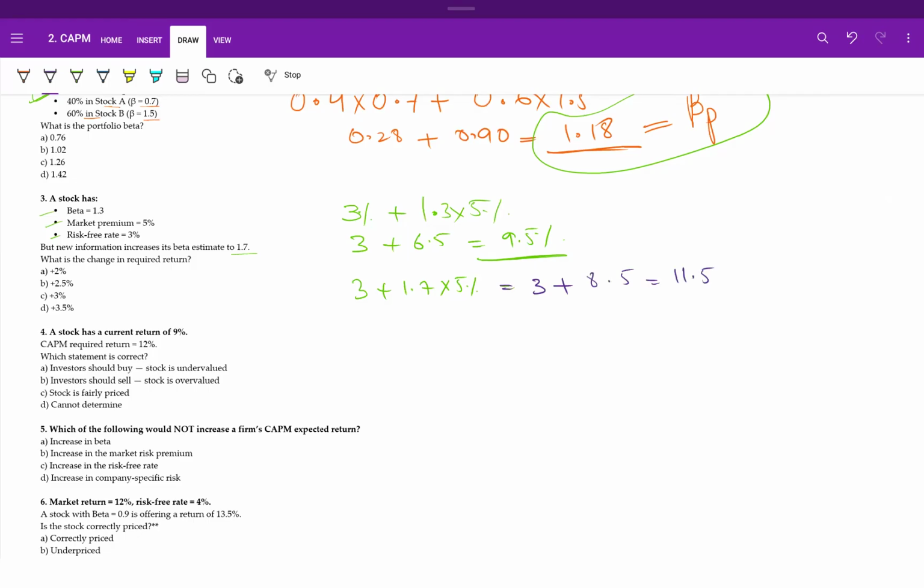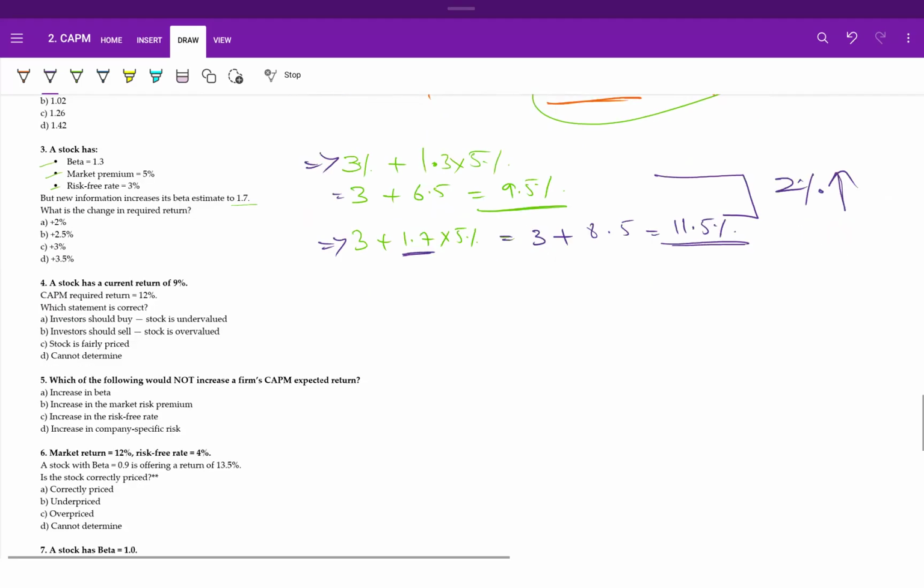Because the beta is increased, our required rate of return is also increased by 2%. I hope this was clear.